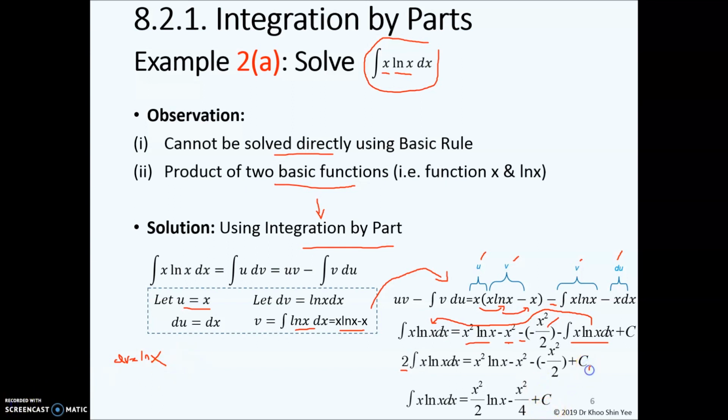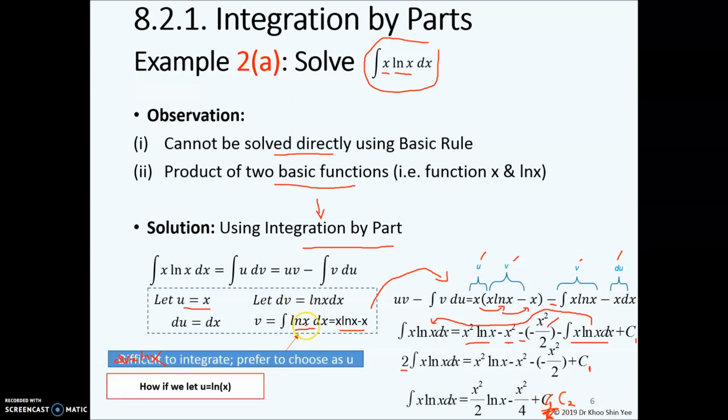Let's say the initial is c1, okay, c1 divided by 2 here is still equal to c2, which is a new constant c. So to make it simple, you can just write c. In this case, you can see that ln x is much more difficult to integrate to get this answer. It is preferred to choose it as u.